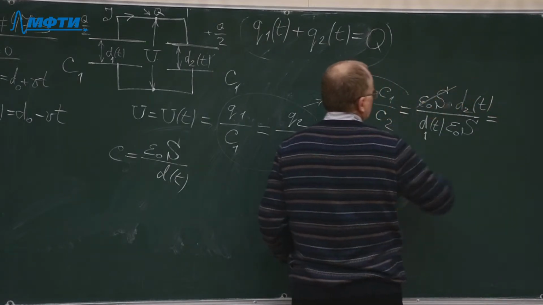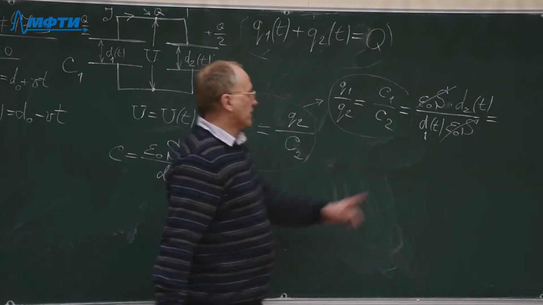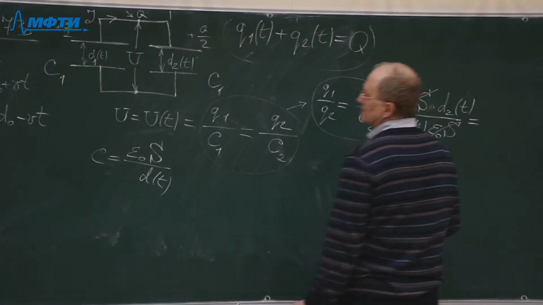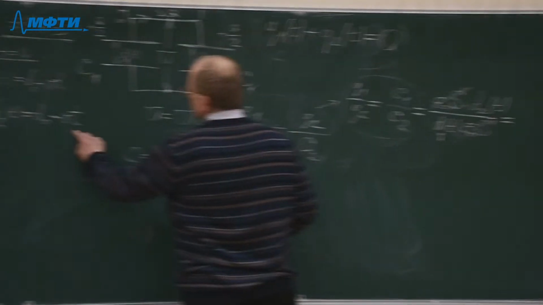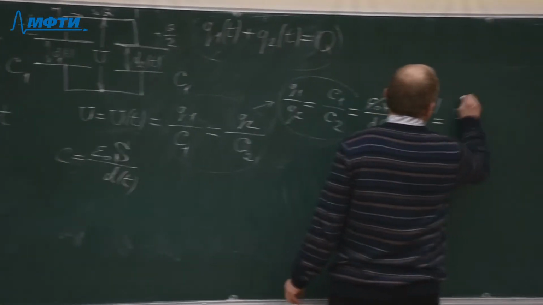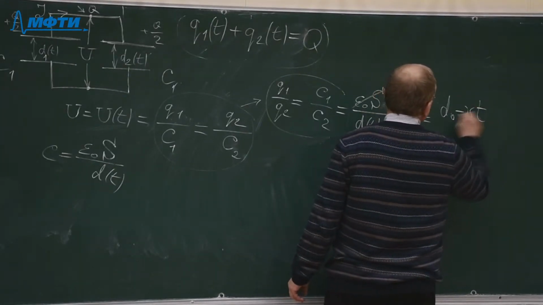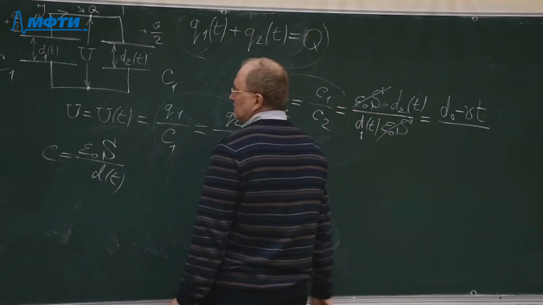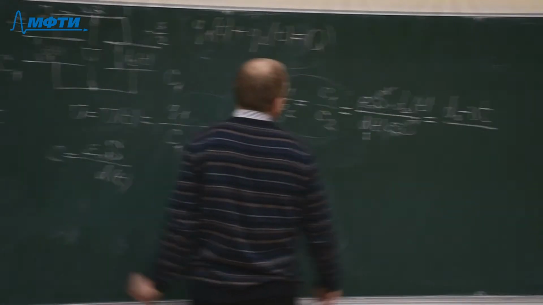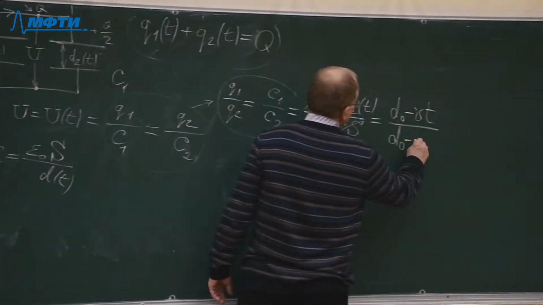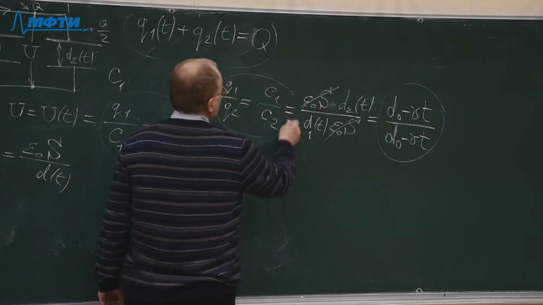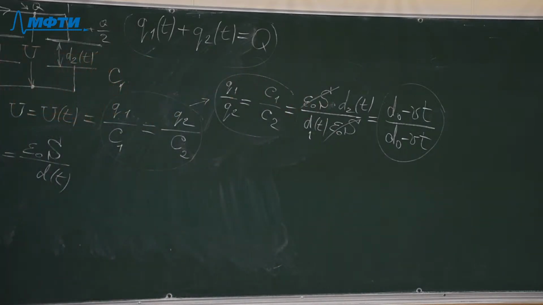And that will give us that the area and the electric constant cancel. And what we have is the distance between the plates of the second capacitor, the function is given, it's d0 minus vt, divided by the distance between the plates of the first capacitor, and this function is also given, it's d0 minus vt. So this is the relationship between the charges.